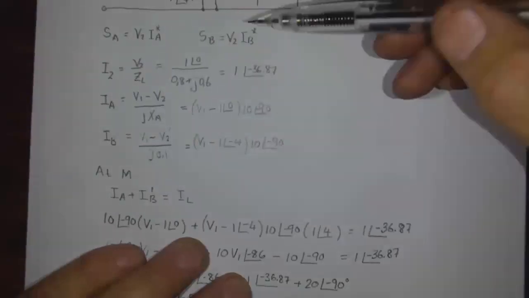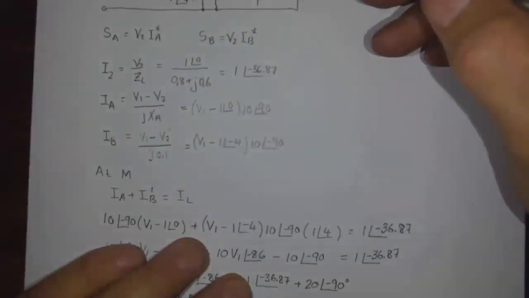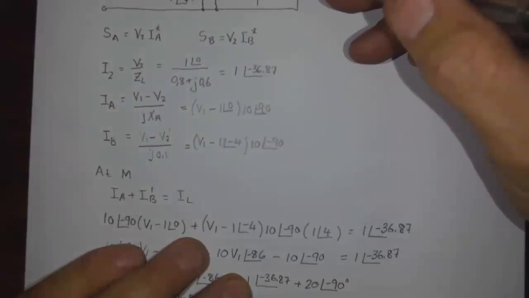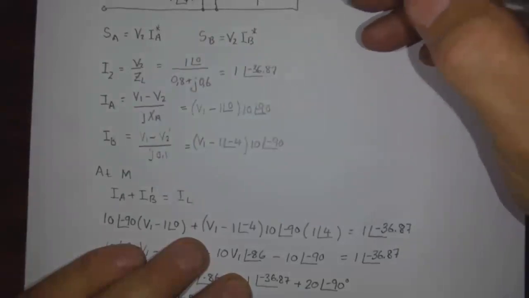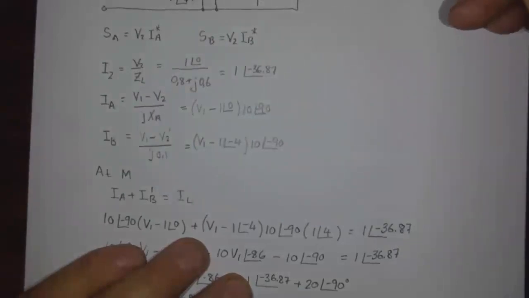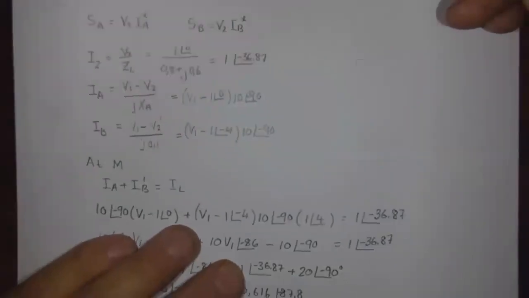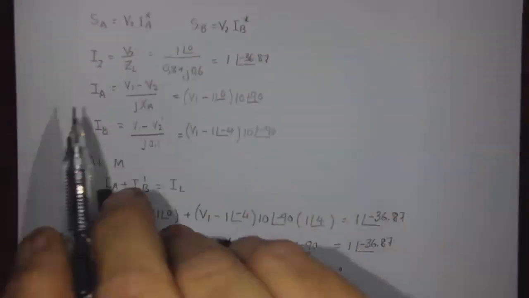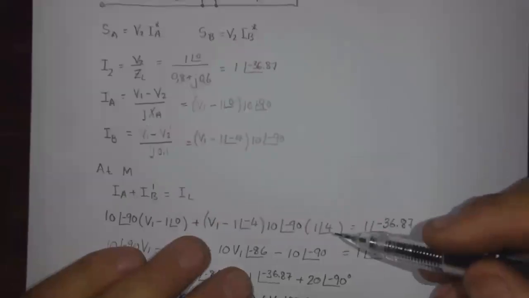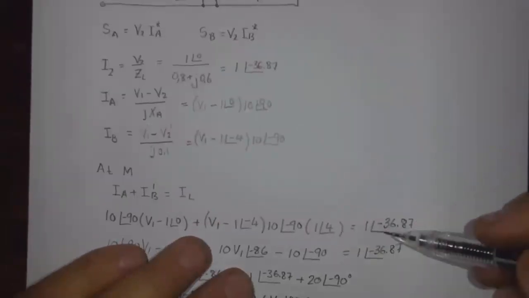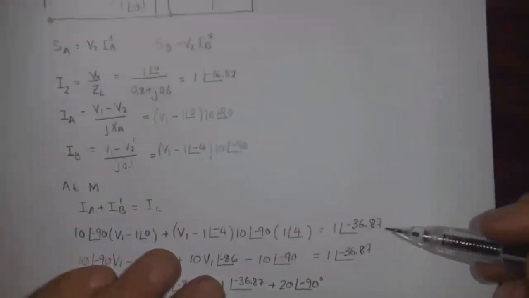And now IB dash will be IB times 1 angle 4, because we're now moving again across the transformer, so we have to apply that again. And that then is equal to 1 angle minus 36.87.